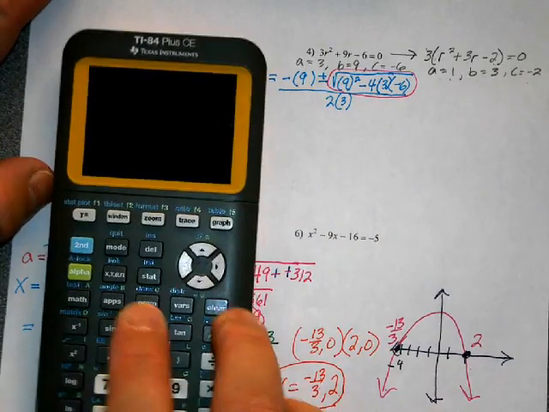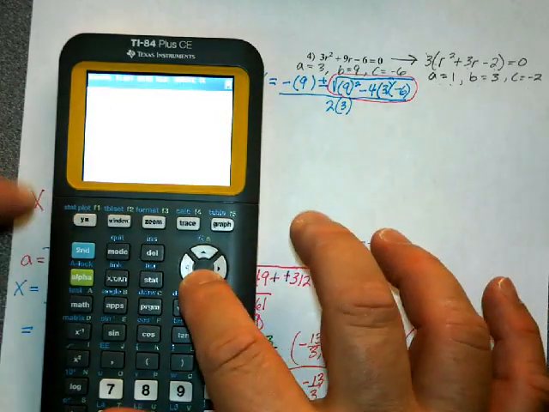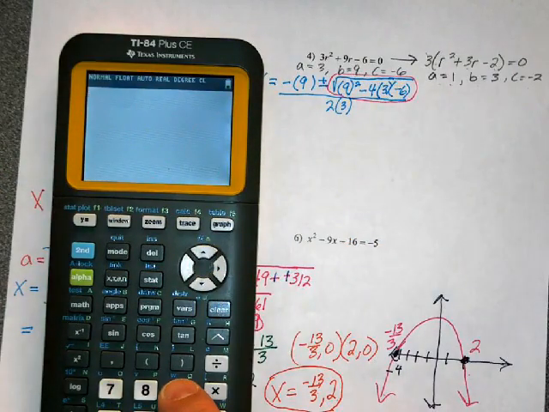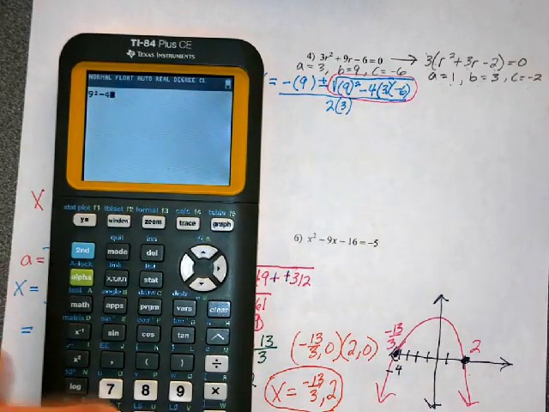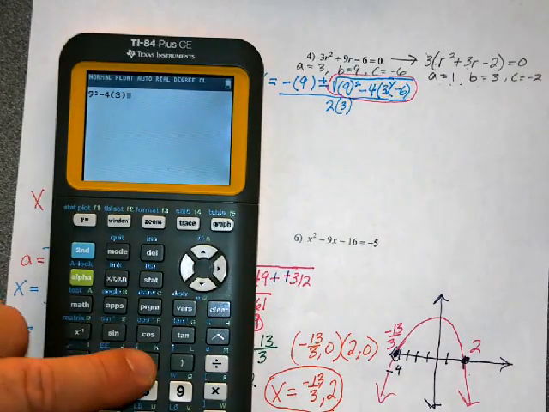Let's see, I have 9 squared. I don't need to put it in parentheses because it's not a -9. So I have 9 squared minus 4 times 3. Are we supposed to put parentheses around the 9 and then square it?